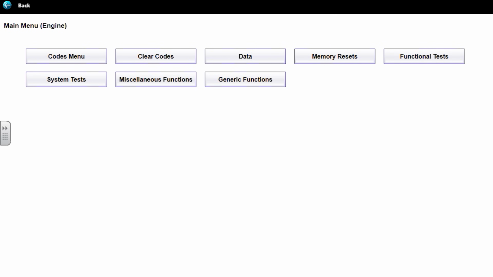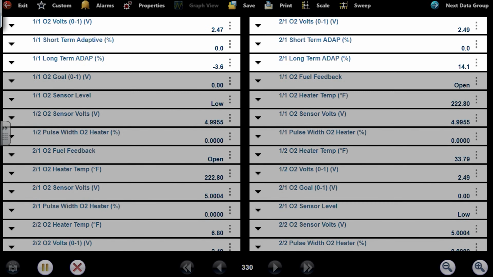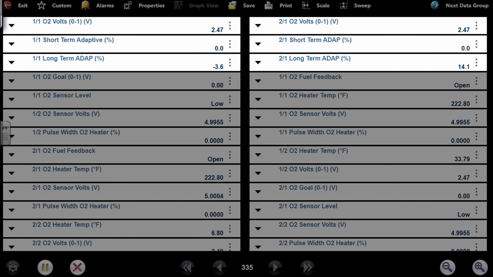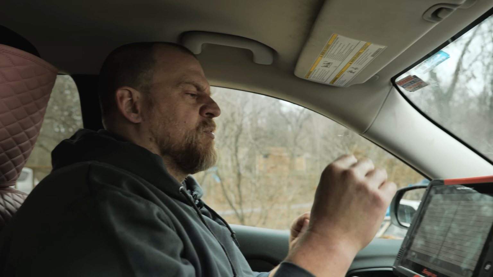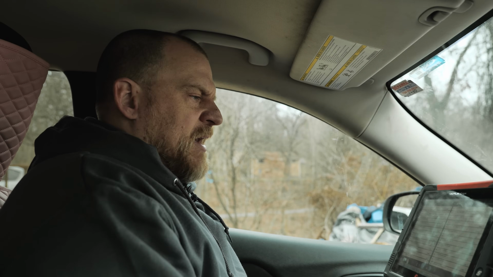So we want to see some data now, oxygen sensors in particular. All right, we'll just look at these top 6 data parameters. I have the O2s pulled up top, and then short-term and long-term fuel trim on both banks. These run a 2.5 volt bias. 2.5 volts on these is the equivalent of 0. 2.5 is our 0 line, so 2.5 to 3.5 is the range this will run because they're using a ground bias on the sensor.